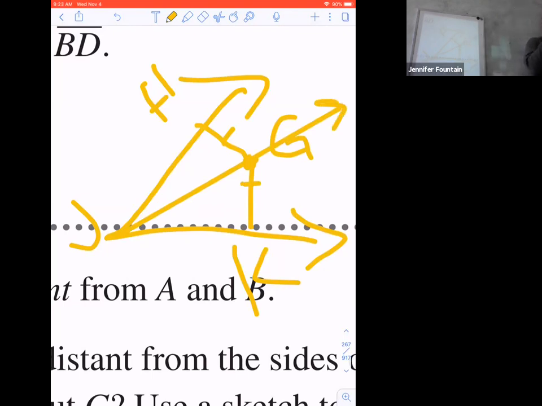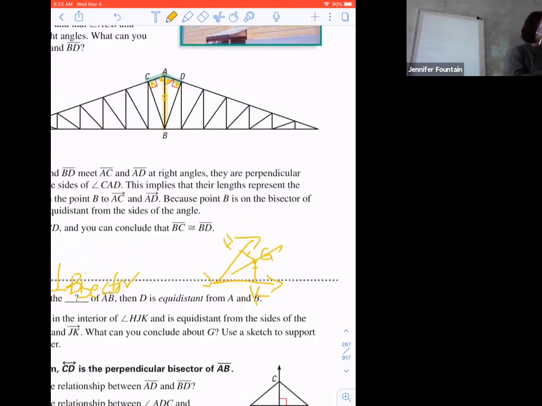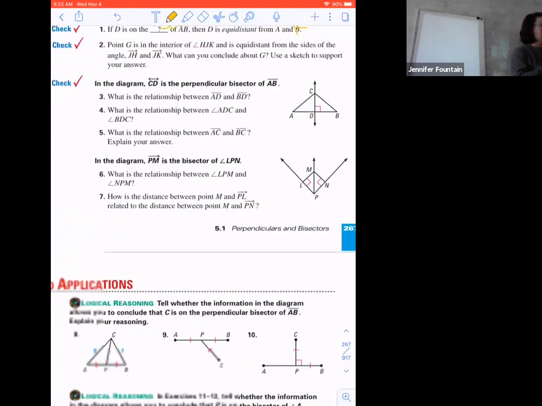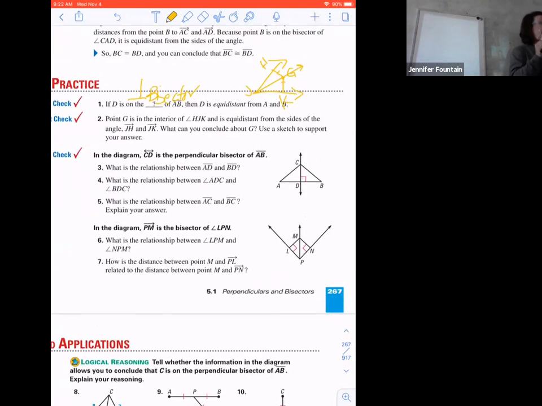So if I've got a point that is equidistant from each side, I know that it's going to be on the bisector of that angle. So G is a point on the angle bisector. They only told us G was a point, but that it was equidistant from either side of the angle. So if it's a point that is equidistant from the sides of an angle, then it lies on the angle bisector.